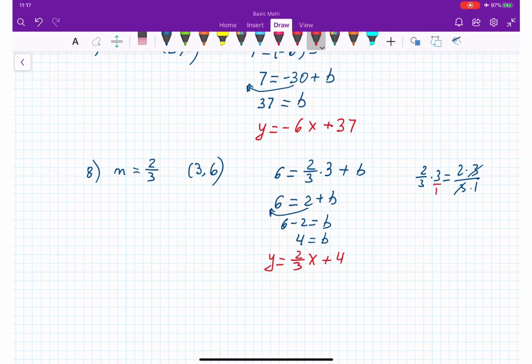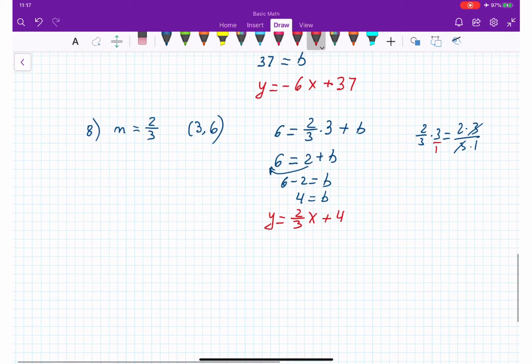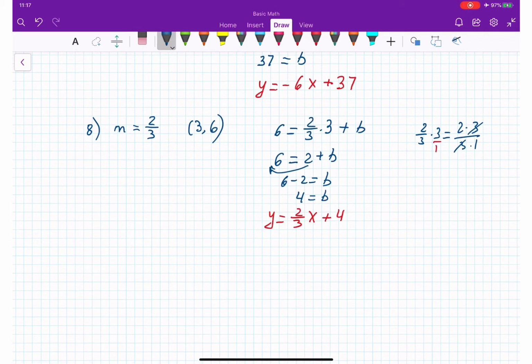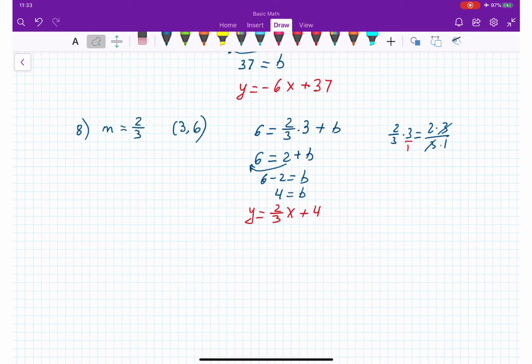All right. Question number 9. All right, this time we are going to write the equation of the line passing through 2 points, (1, -8) and (-3, 4).